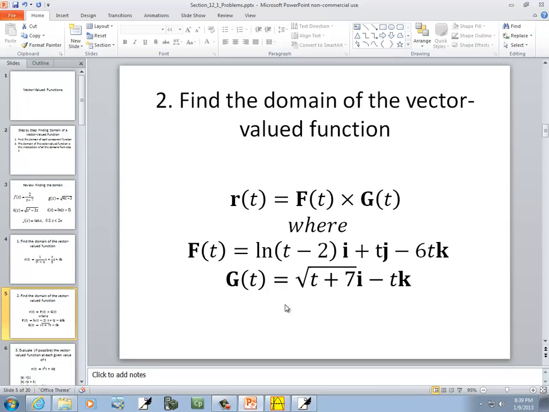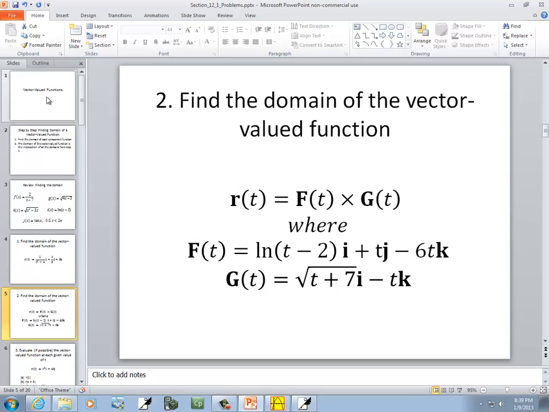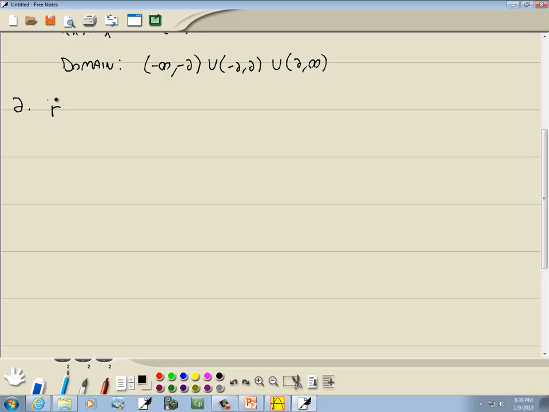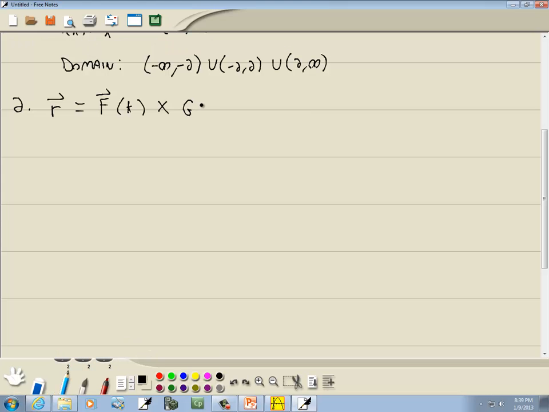Let's take a look at this one. Got r of t is equal to f of t and g of t. This is not multiplication. This is a cross product.